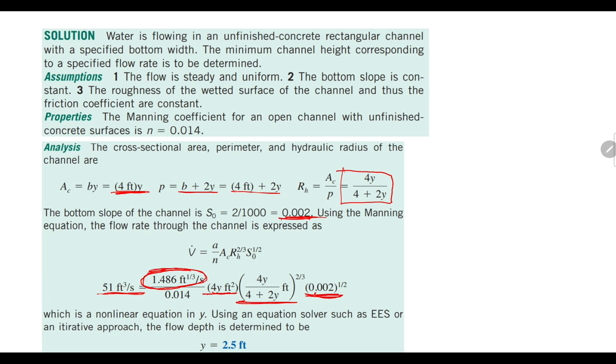So you can use your calculator. The only unknown is y. Although y is not linear, you can solve using an equation solver or Excel or whatever. But you can just simply use your calculator. I know you're very good at that. Use your calculator to solve for the unknown value. So you can solve for y equal to 2.5 feet.